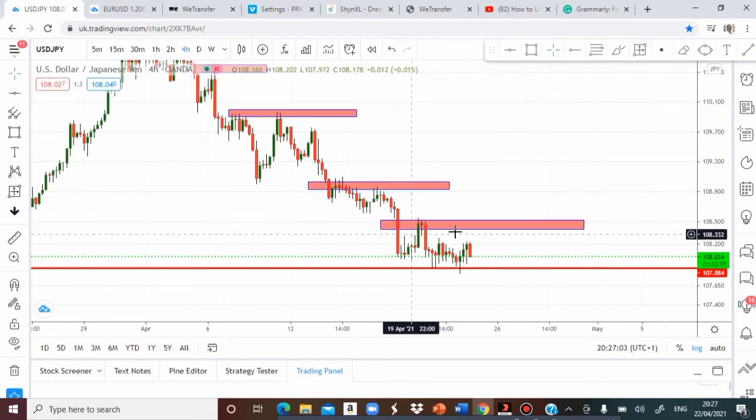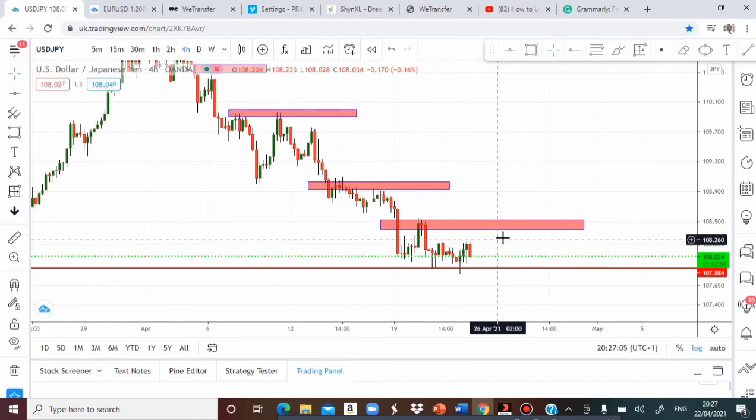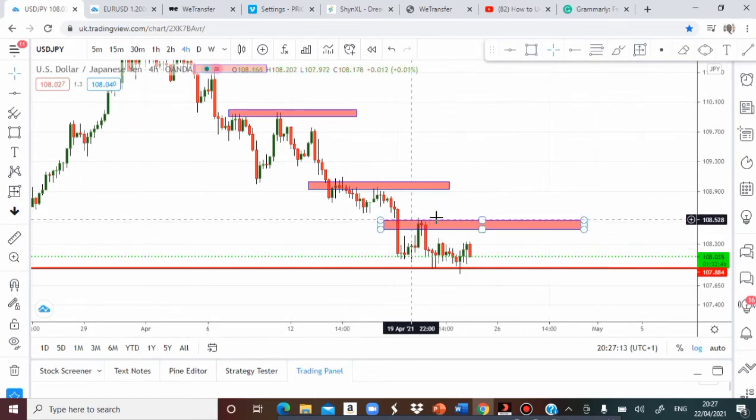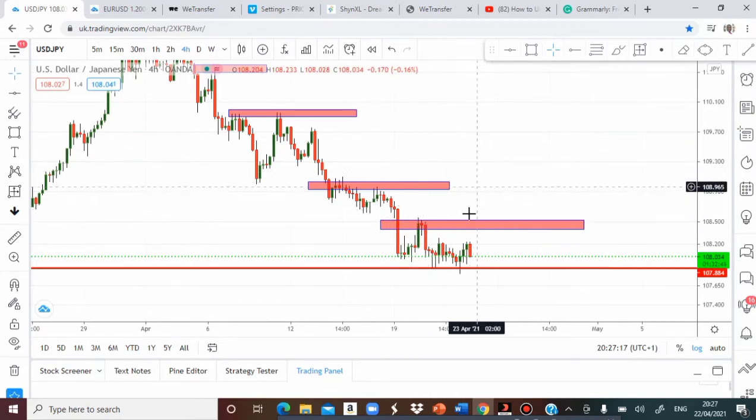You are not doing anything. It seems the market wants to range, but for now you are not doing anything because it is still a downtrend. Until price violates this recent high, breaks through this recent high, and maybe comes up and then comes back and does some kind of candle information, that is the time you know that okay, this market has indeed changed direction.